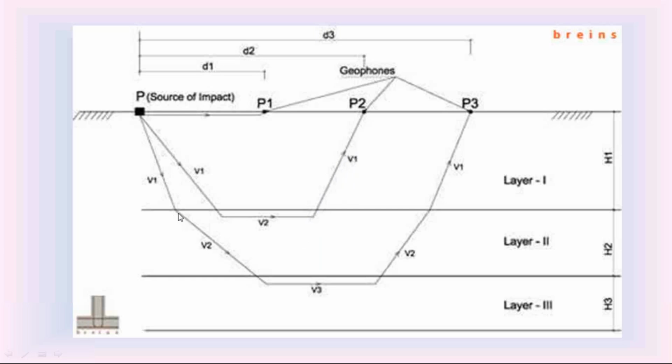Similarly, this other shock wave travels in the first soil layer with velocity v1, enters the second soil layer with velocity v2, enters the third soil layer with velocity v3, then comes back to the second soil layer with velocity v2, and back to the first soil layer with velocity v1, and reaches the ground level.